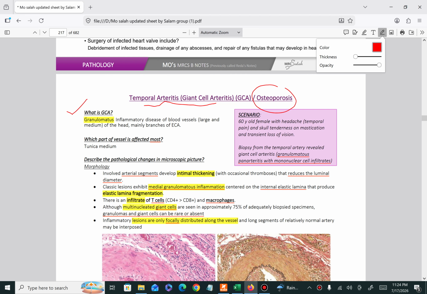It is basically a granulomatous inflammatory disease of the blood vessels, mostly large vessels, or it can be medium vessels of the head, mainly the branches of the carotid artery, not just the external carotid artery.